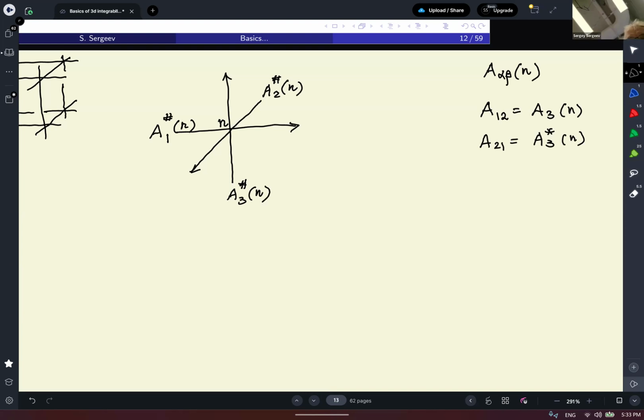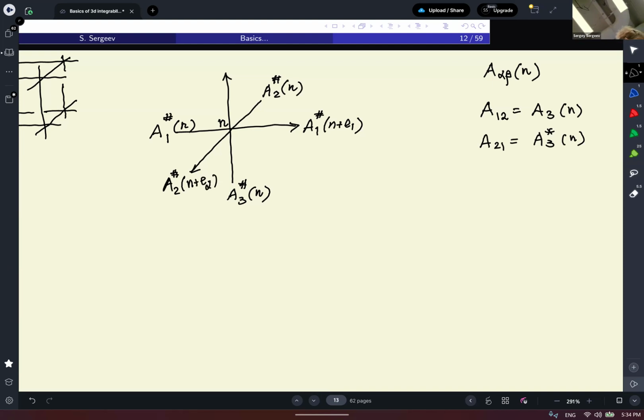For outgoing, A1 star of n plus E1, so here a shift happened. Therefore, the horizontal line from left to right corresponds to a shift by E1. Then here we have A2 star of n plus E2.